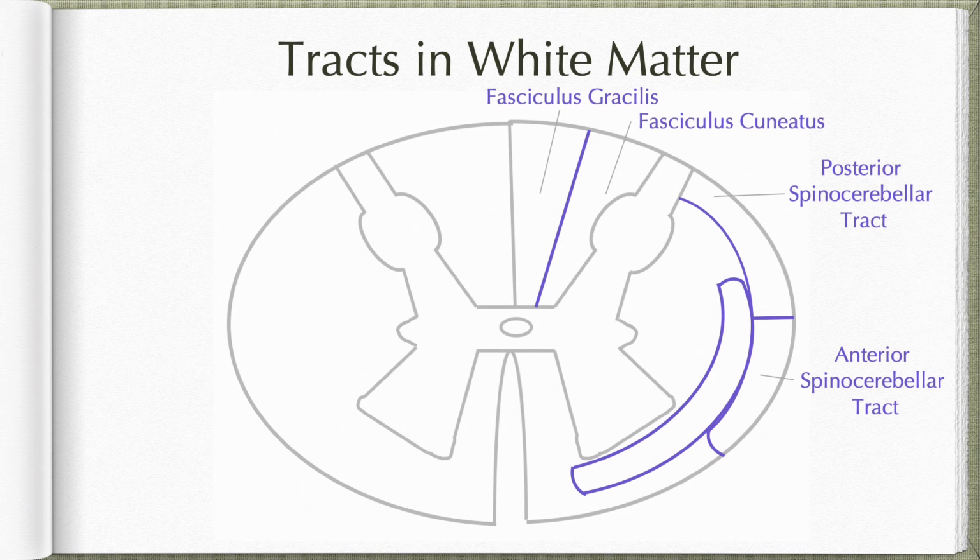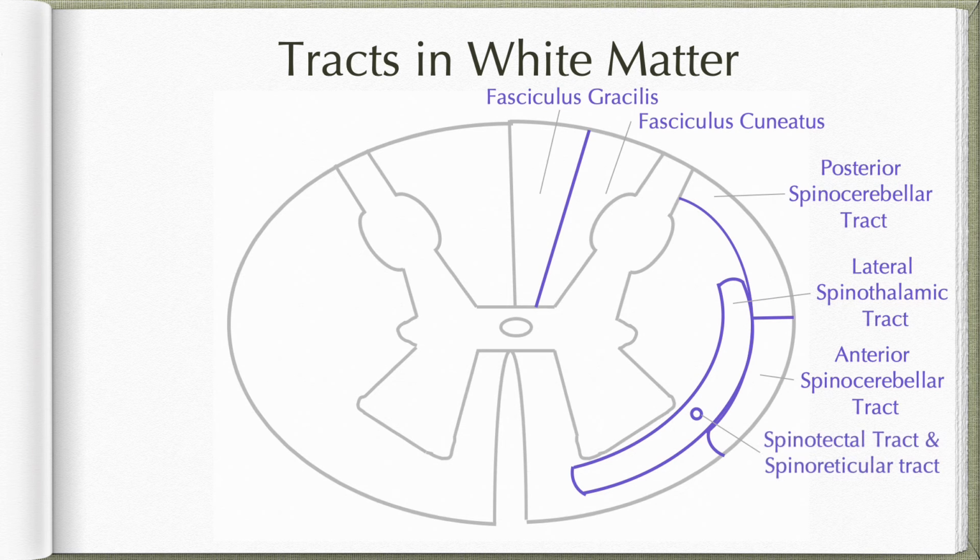Now this is made up of lateral spinothalamic tract, spinotectal and spinoreticular tract fibers and anterior spinothalamic tract. Anterior to the anterior spinocerebellar tract, we also see spino-olivary tract. So these are the ascending tracts, at least these few you should know the position of.